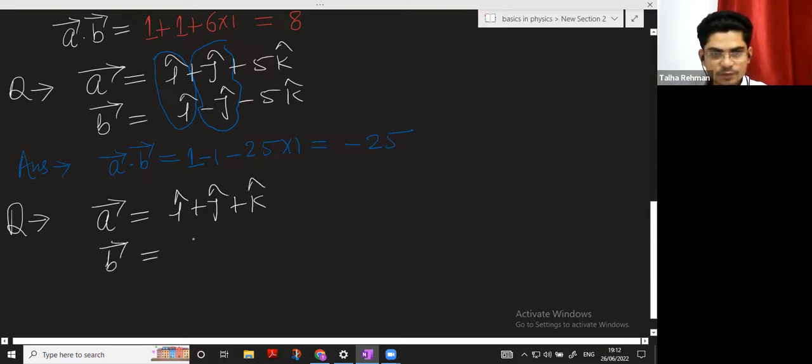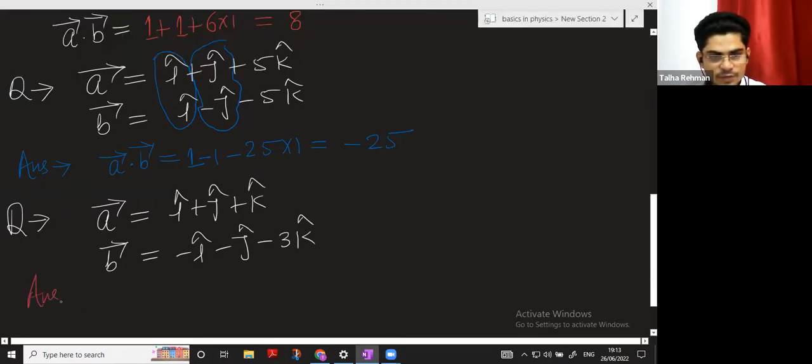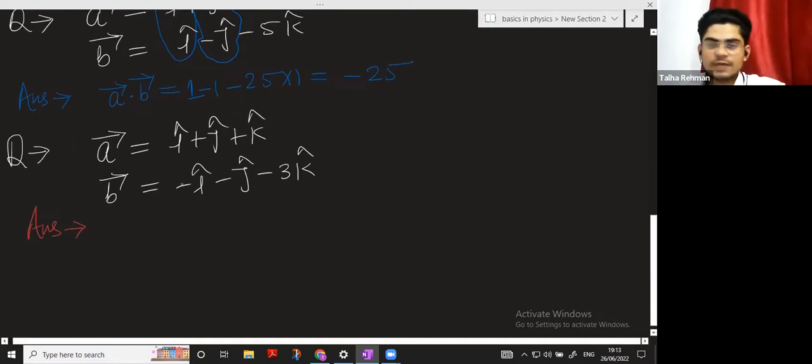B vector is equal to minus I cap minus J cap minus 3K cap. And we want to find the answer. Now, please, guys, can you please tell me the answer?